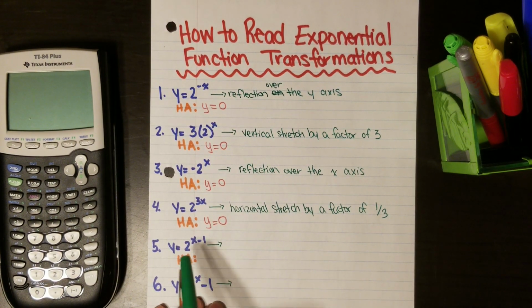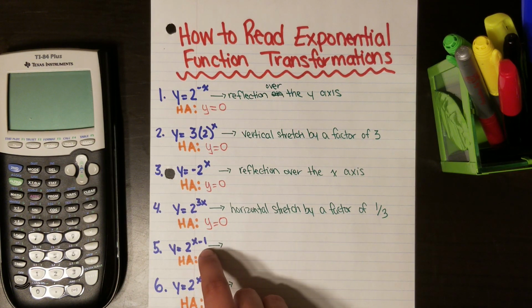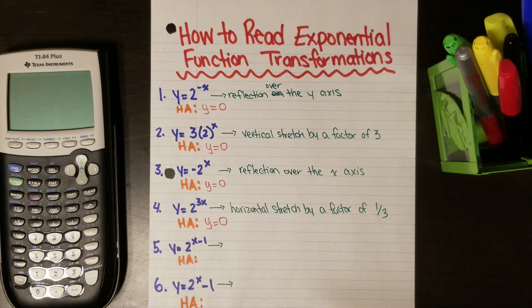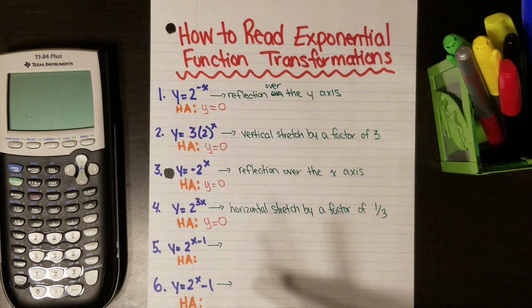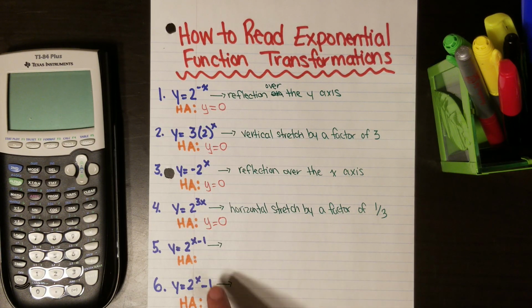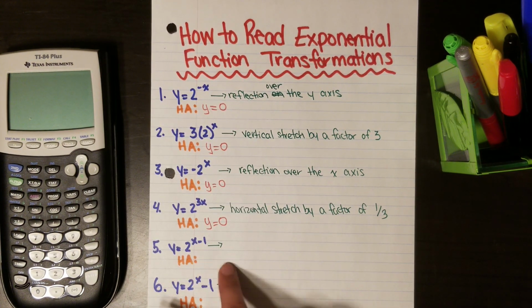Okay, so for the next one, I have y equals 2 to the exponent x minus 1. Okay, that x minus 1 is in the exponent, and that is my c value. And my c value deals with my horizontal shifts. Okay, and I know that my c value and b value are always the values that are going to be the opposite of what you do mathematically. So if I have a -1, mathematically, I'm going to be adding 1. It has to be the opposite.